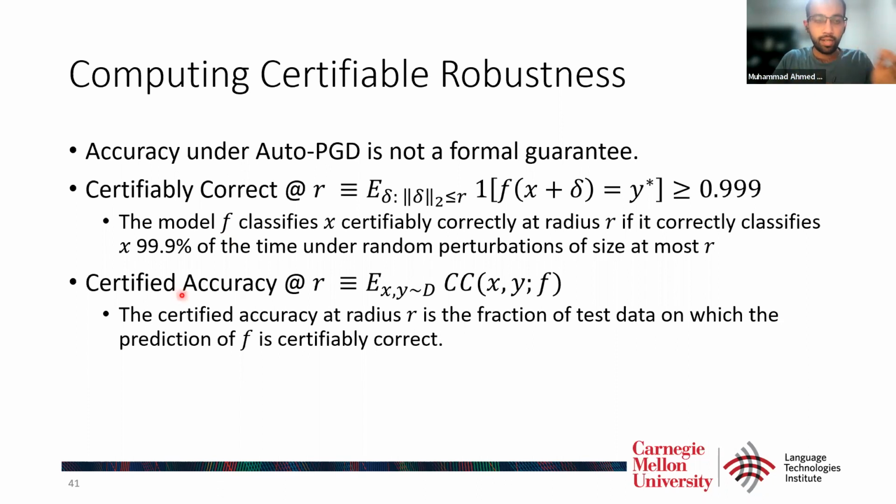And then the certified accuracy at R basically means what proportion of the test data is certifiably correct when perturbations having L2 norm at most R are added to the data.